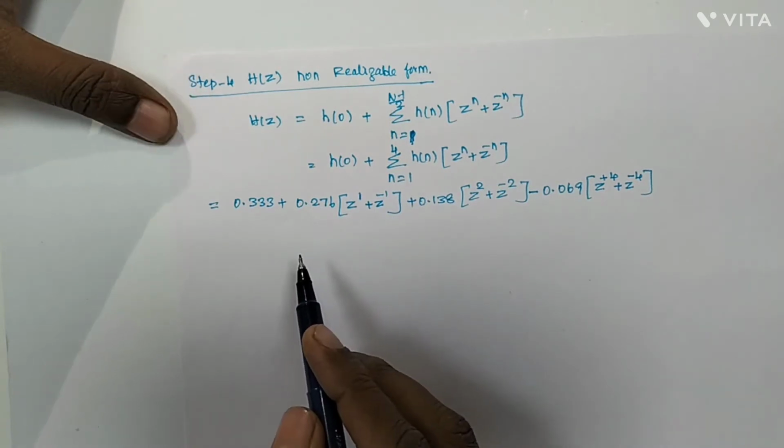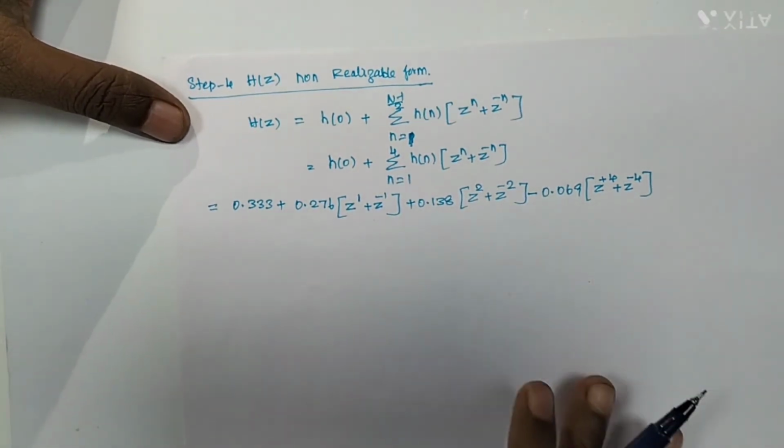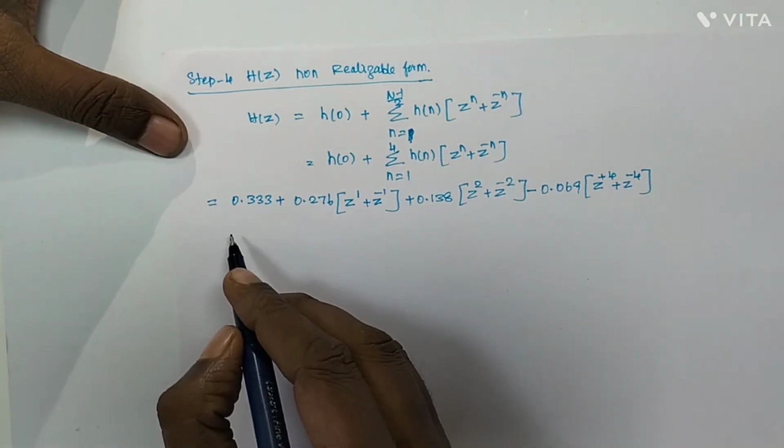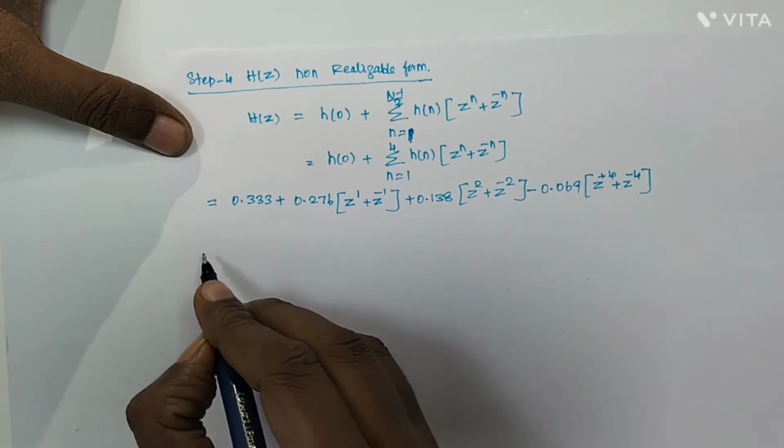So this is the transfer function of an FIR filter which is in non-realizable form. Next, we have to convert this non-realizable form into a realizable form. That is step 5.